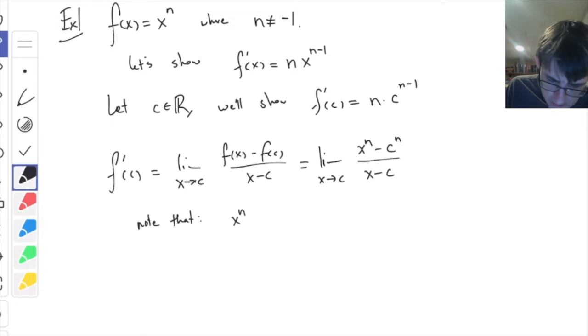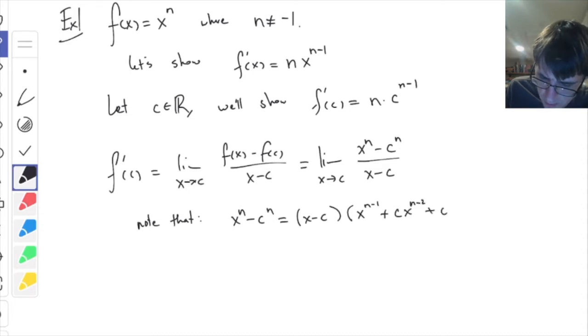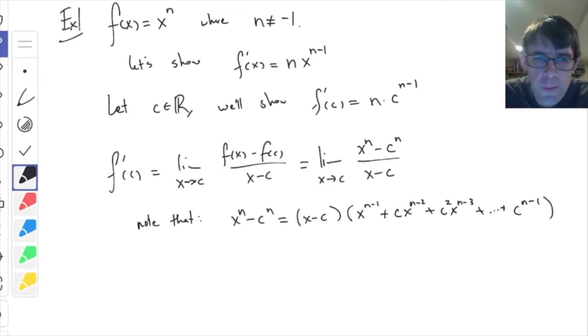x to the n minus c to the n is equal to x minus c times, I don't know if you know this fact, x to the n minus 1 plus c x to the n minus 2 plus c squared x to the n minus 3, etc., plus finally all the way down to c to the n minus 1. This is like that formula about the difference of two squares, which everybody knows.